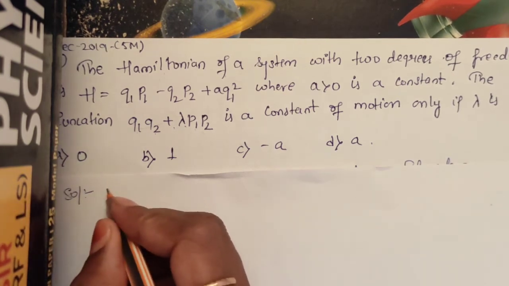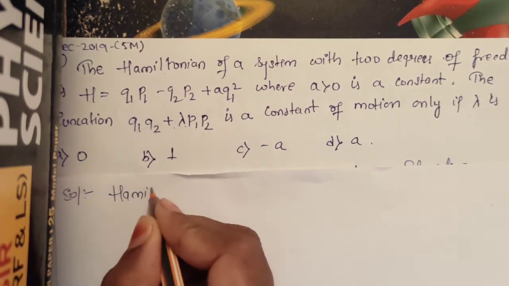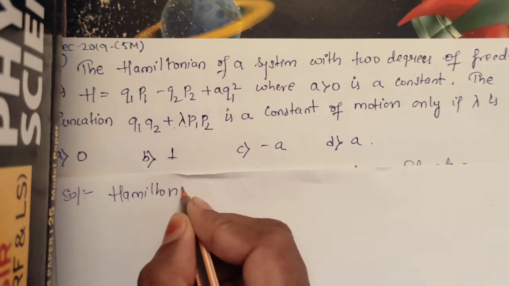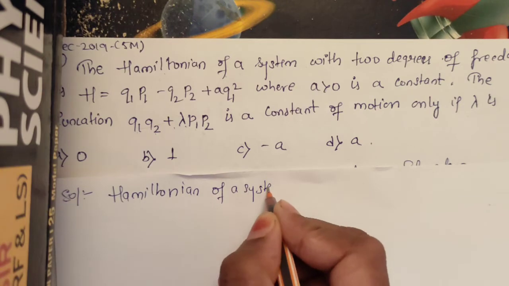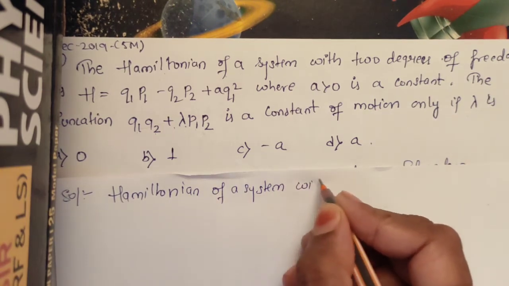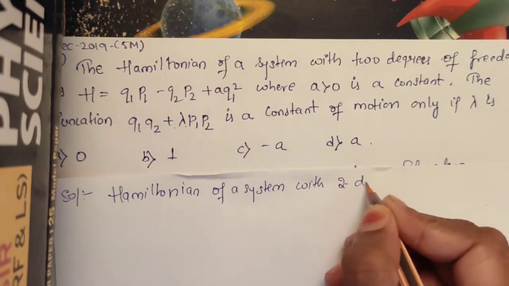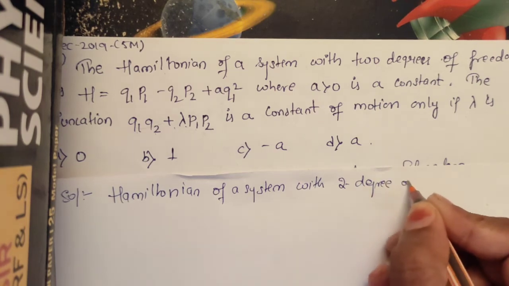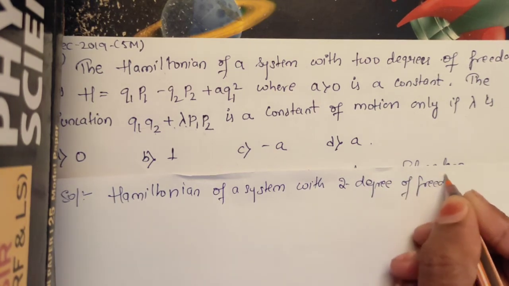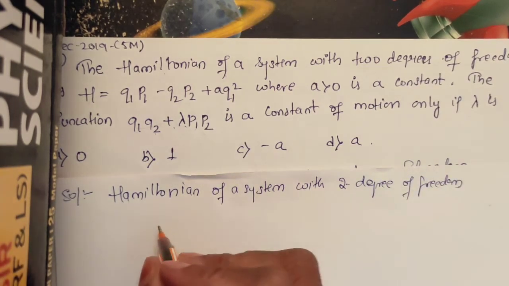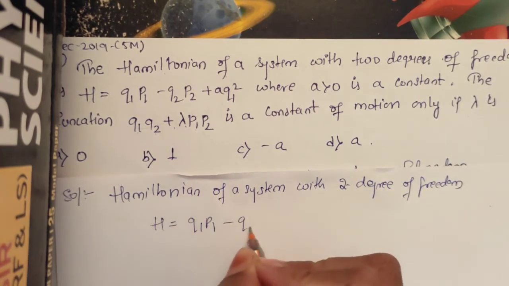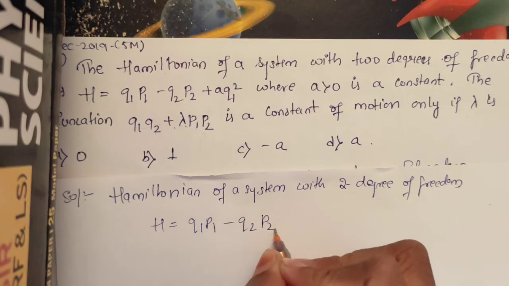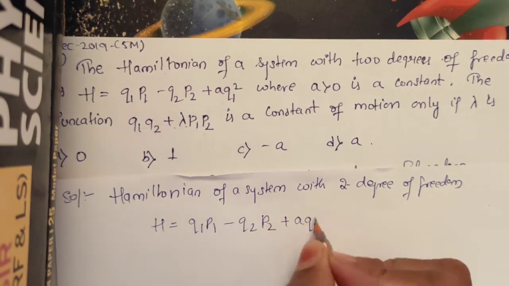So given the Hamiltonian of a system with 2 degrees of freedom, that is H is equal to Q1 P1 minus Q2 P2 plus A Q1 square.